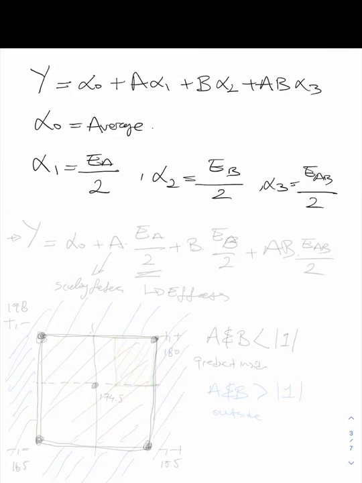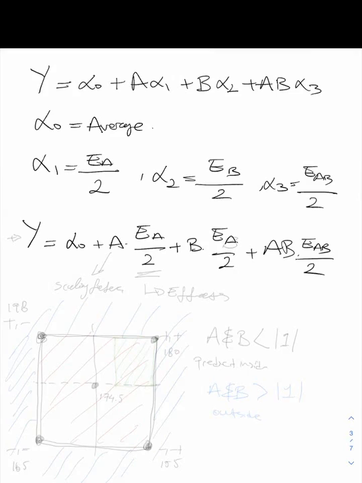So in that case, the total response can be defined as alpha 0 plus A times EA over 2 plus B times EB over 2 plus AB times EAB over 2.